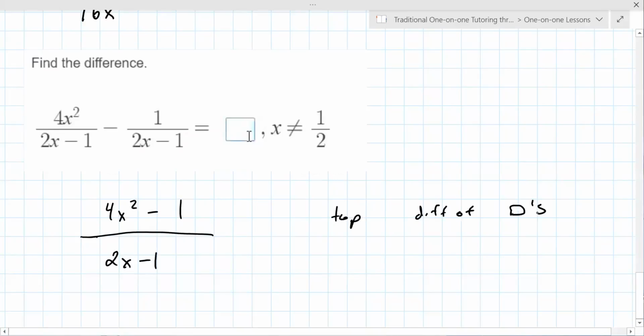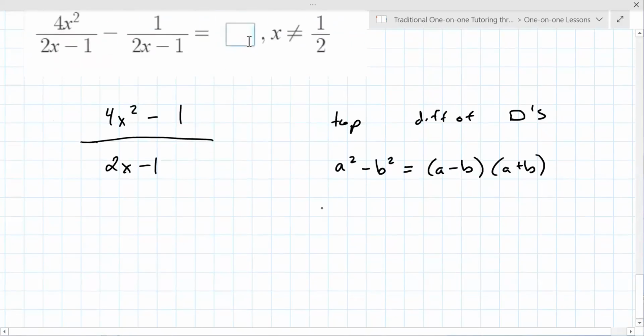I think we talked about this last time, but it's this form: a squared minus b squared, and it factors to a minus b, a plus b. So you have to figure out what your a is and what your b is. Basically, what are you squaring to get back to 4x squared, and what are you squaring to get back to 1? 1 squared gets you back to 1, so your b is 1.